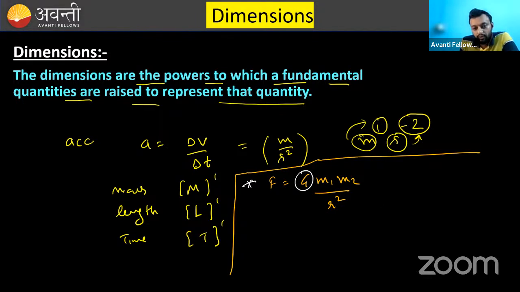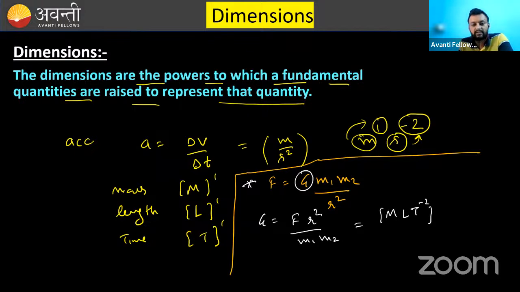Find the dimension of this capital G. So the first thing you should do is make the formula in terms of capital G. So G will be F R square by M1 M2, where F is the force. You should remember a few of the very fundamental dimensions, like force. Force has the dimension MLT minus 2. R is the distance, which has dimension L, but it is squared, so it is L square, over mass.